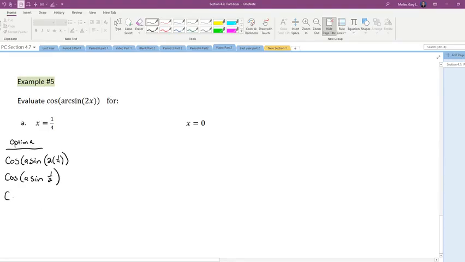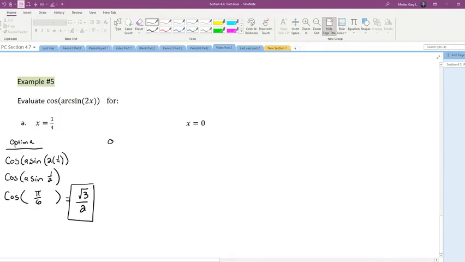And so the arcsine of a half is going to be pi over 6. So this question says find the cosine of pi over 6, and the cosine of pi over 6 should equal what? Root 3 over 2? So the answer should be root 3 over 2.